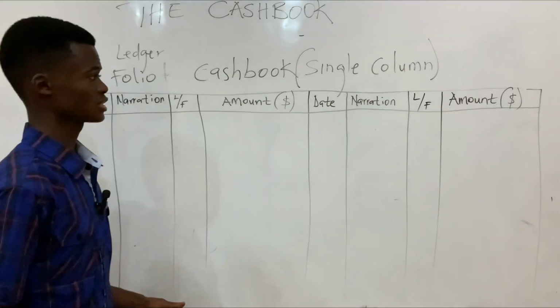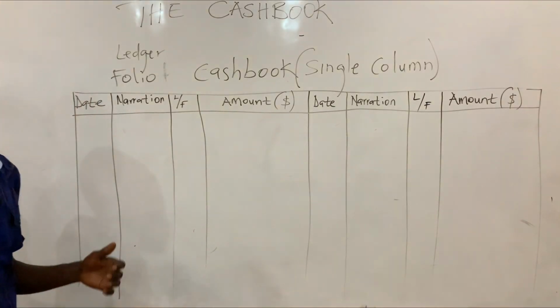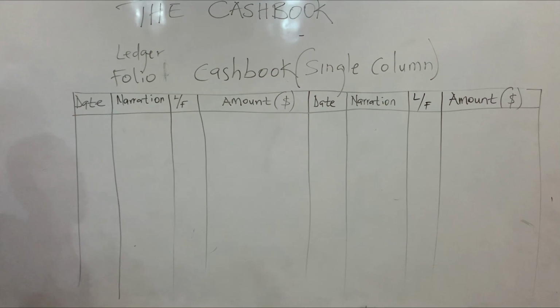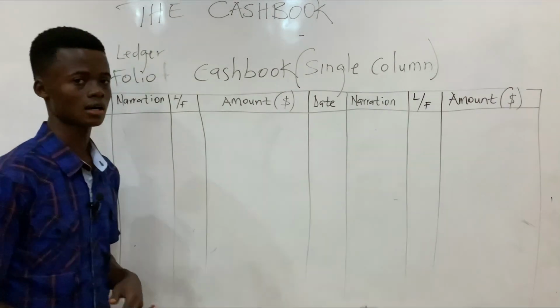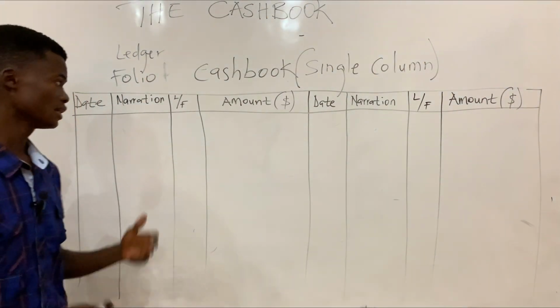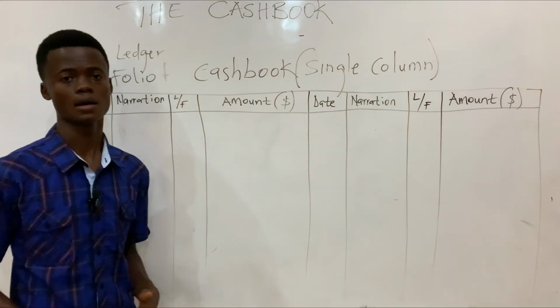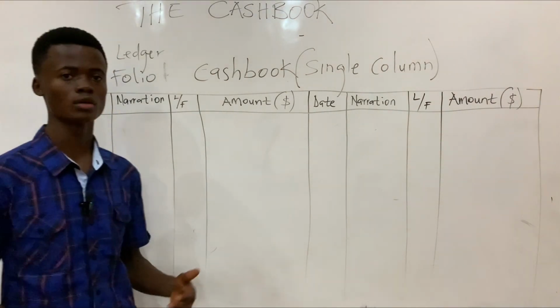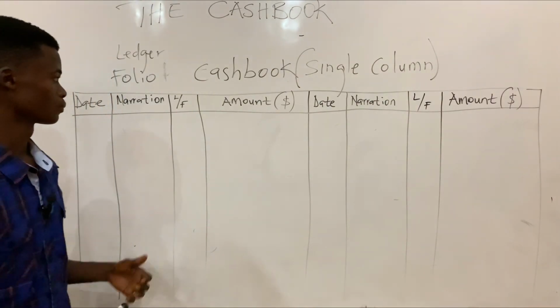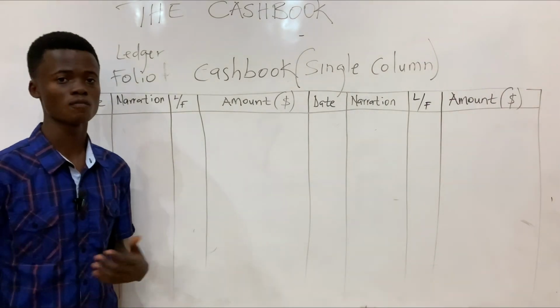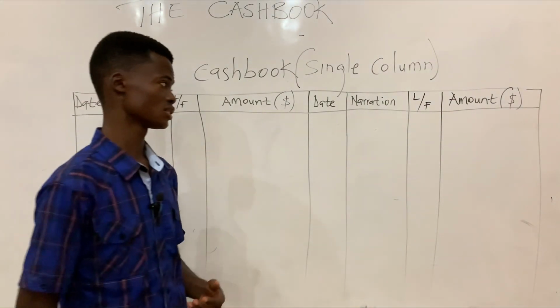So if one transaction is recorded here, the name of the corresponding account will be written under the narration of the cash book. The ledger folio, however, also tells the page of the ledger into which the corresponding bookkeeping can be found. The amount column also tells the amount of money involved in the transaction.